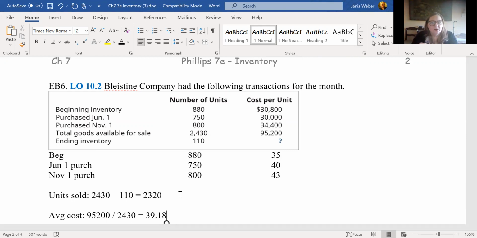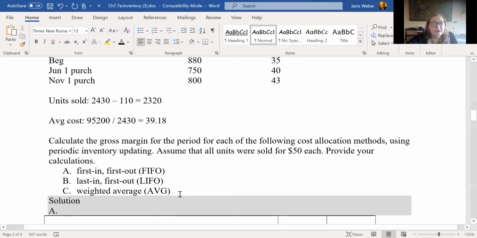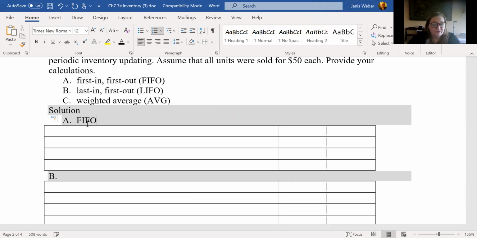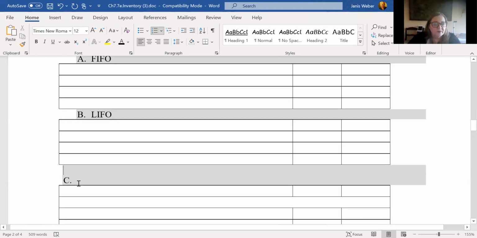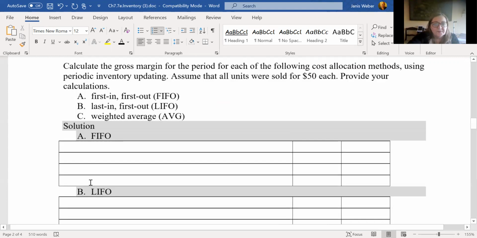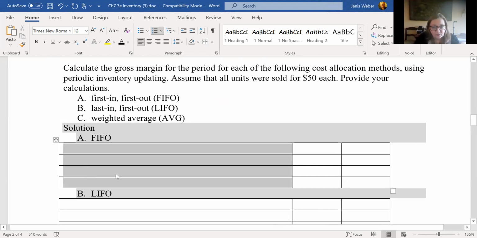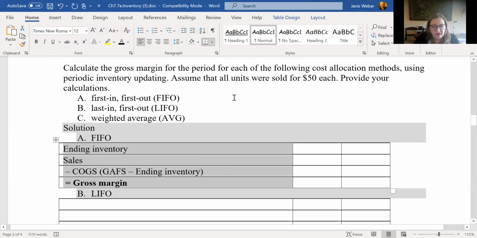Okay. All right. So the periodic method for first in, first out, then the periodic method for last in, first out, then the periodic method for average, weighted average. Okay, so I'm going to reveal this format of what we're going to do to figure it out.